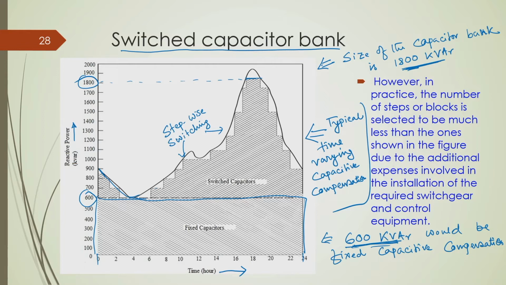But when this load demand is low, then accordingly the utility will decide how much capacitive compensation will be required. So, this type of stepwise switching characteristic is usually determined through an optimization process, and this is called operational planning. Okay.